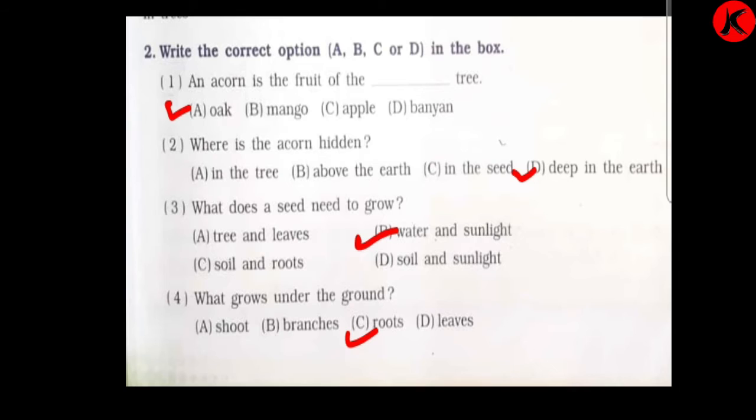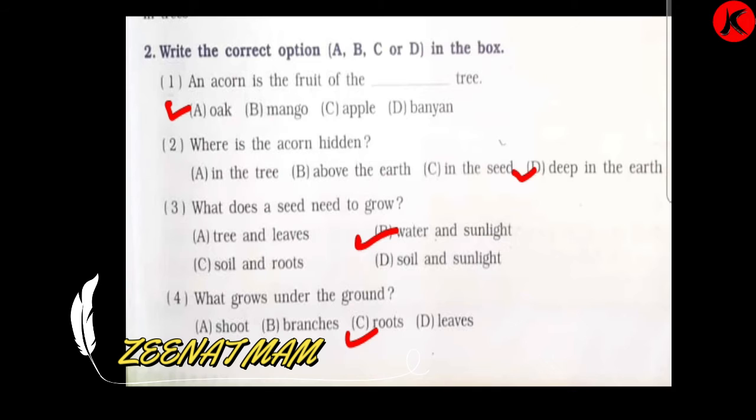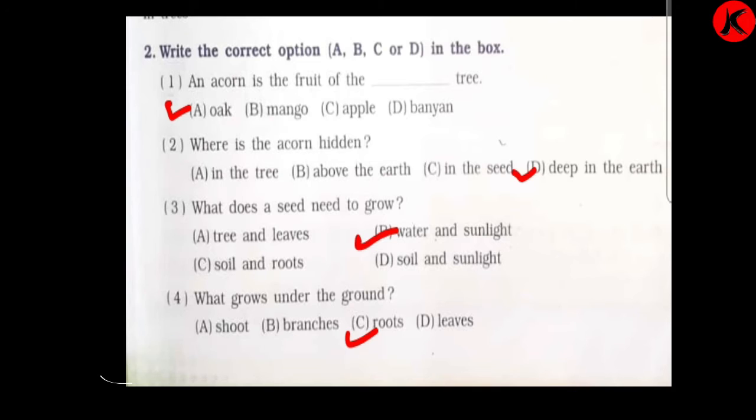So we will repeat once again. Write the correct option A, B, C or D. An acorn is the fruit of the dash tree. So what is the correct answer? Oak. O-A-K, oak. 2 number.